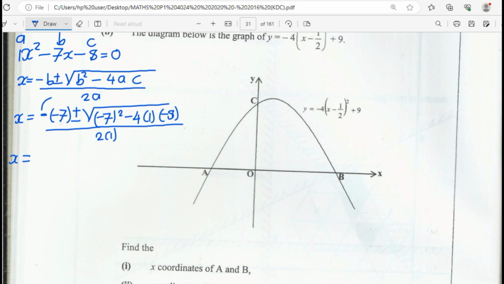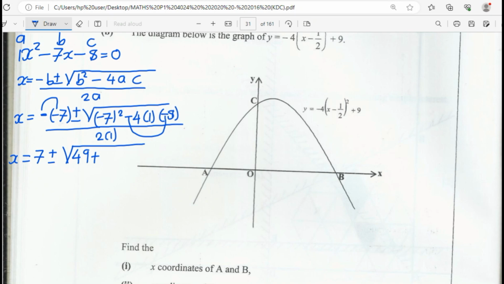So negative times negative, we get positive 7 plus or minus the square root of 7 squared is 49. Then this negative times this negative will give us a positive 4 times 1 times 8.